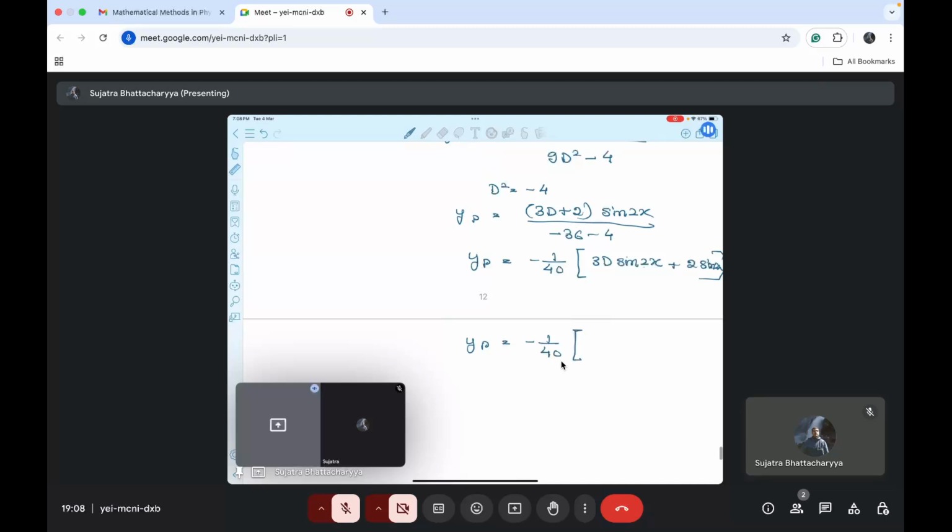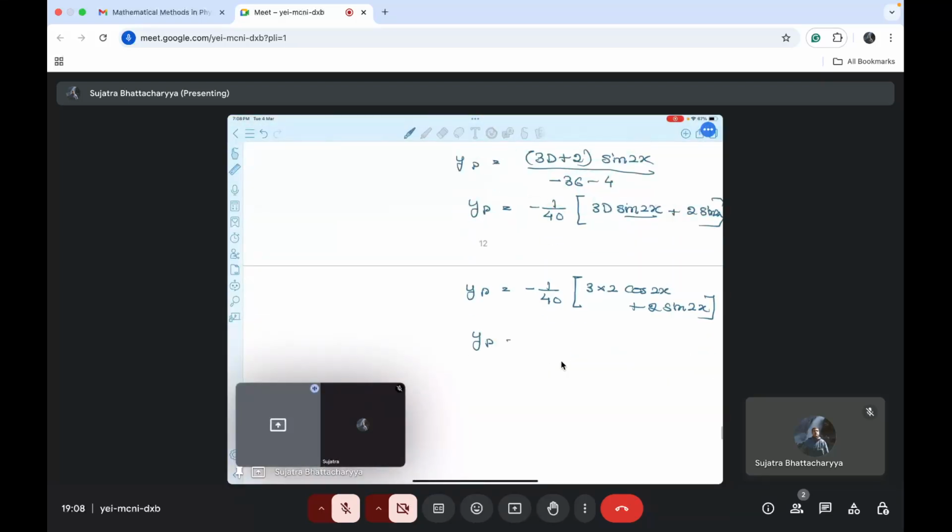Now differentiate sine 2x. So it becomes 3 times 2 cos 2x plus 2 sine 2x. Alright? And you can take 2 outside. So it becomes minus 1 by 20, 3 cos 2x plus sine 2x. This is your particular solution.